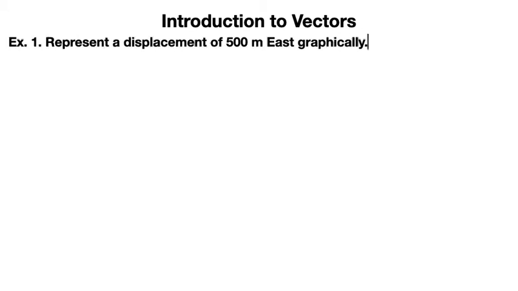Let's take an example. Represent a displacement of 500 meter east graphically. These are the conventional directions: east, west, north, south. You know this from your knowledge of geography from your earlier classes.